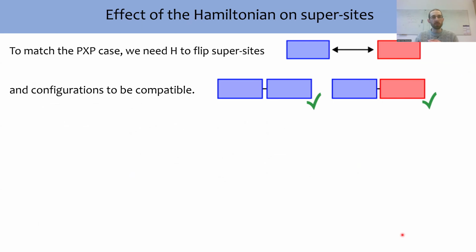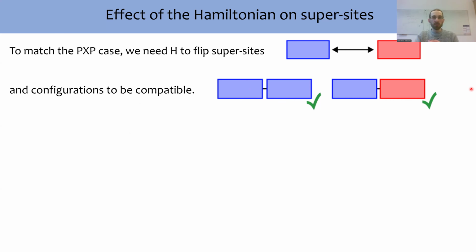Well, we need the Hamiltonian to flip this supersite between some ground state and some excited state. So they mimic a two-level system. And we need the same kind of PXP blockade. So I want to be able to have two unexcited states next to each other. And excited and non-excited states must be able to be next to each other. So we really want to just mimic PXP with this.